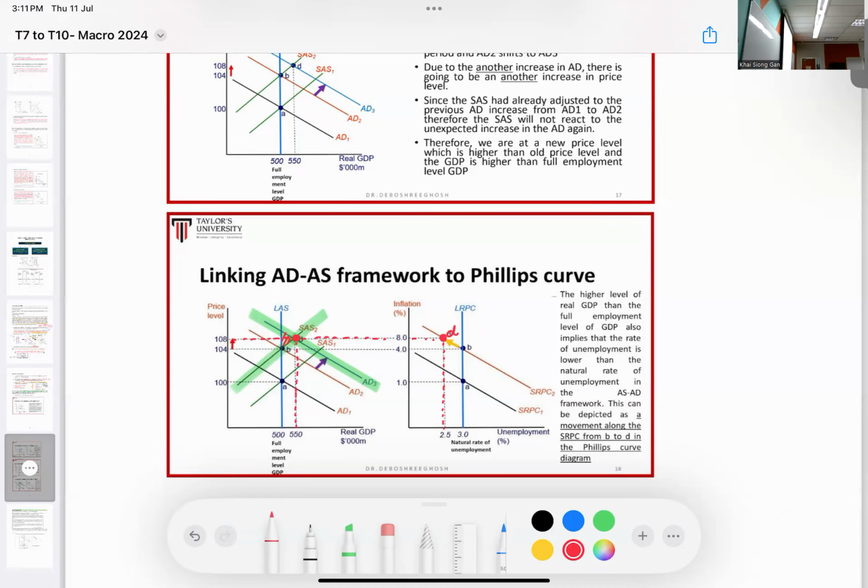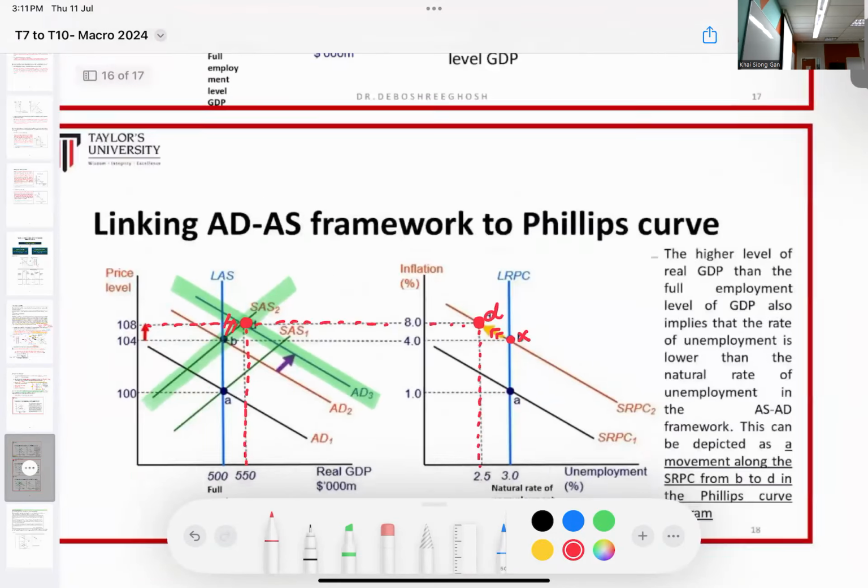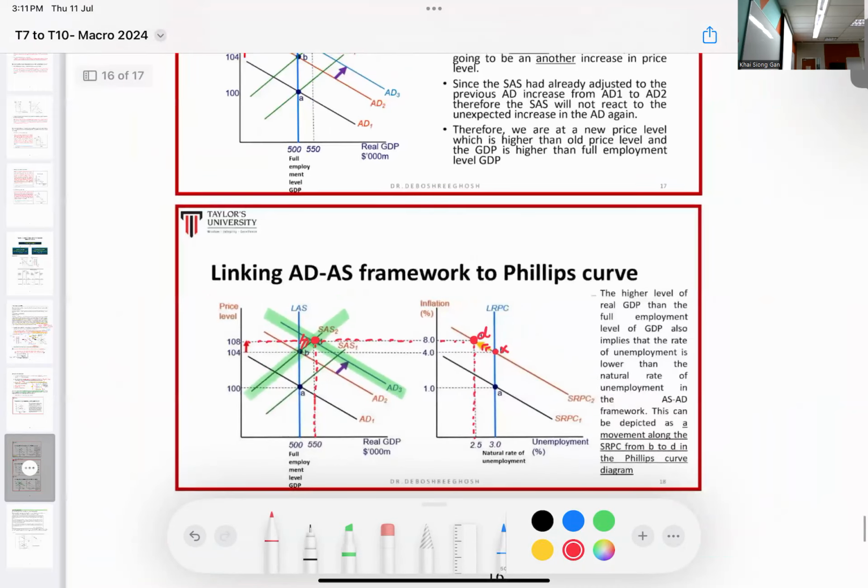So here, the excessive shift of the aggregate demand curve can be translated into the Phillips curve itself, from point B to point B here. So not at point B anymore, but at point B prime there. Because the excessive shift of AD is translated into the Phillips curve as a movement along it.